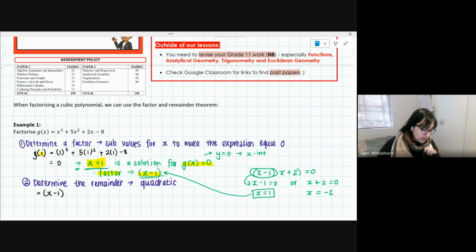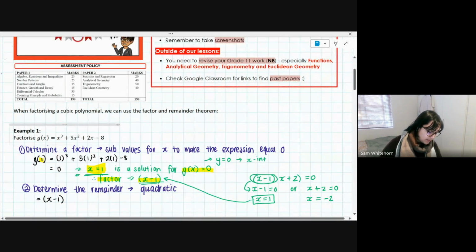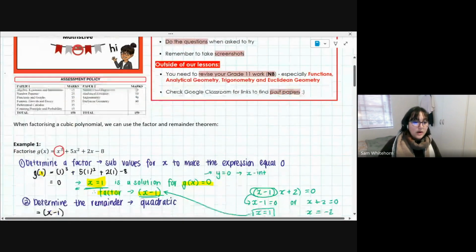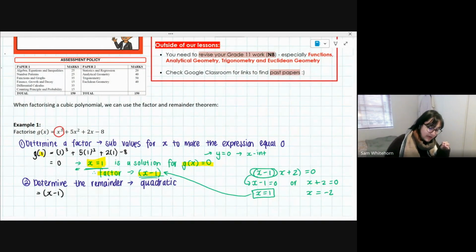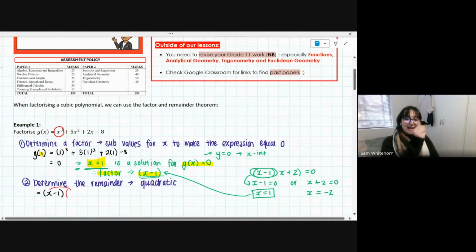So the first thing that we want to do, which is generally the easiest place to start, is to say, okay, in my original cubic, I have an x cubed. When I take into account the factor that I've just found and the fact that I need to get a quadratic, I'm going to ask myself, what do I multiply x by in order to end up with x cubed?